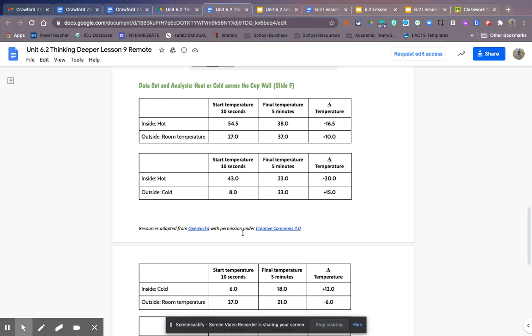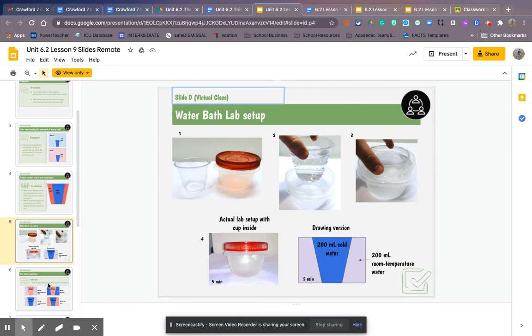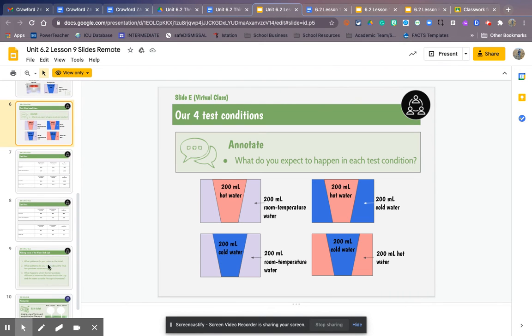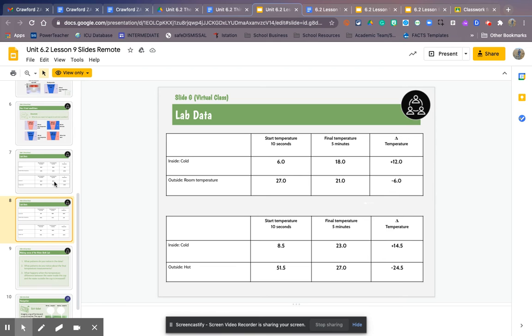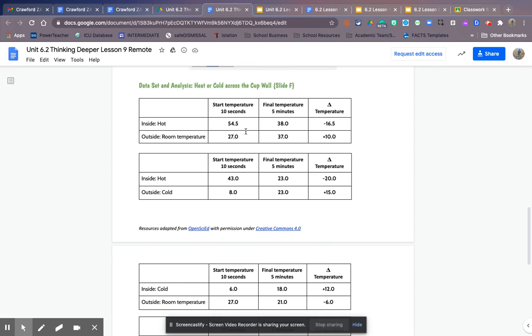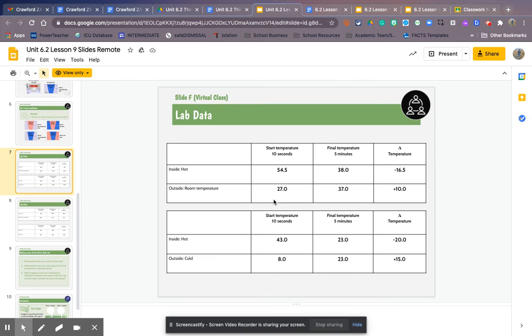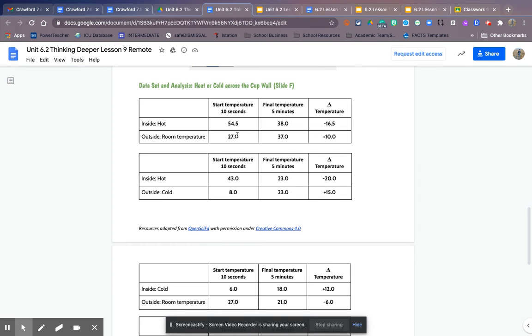Okay. Data set and analysis. Heat or cold across the cup wall. That is slide F and G. So we have our data. It's all filled in over here, and you've got all the same numbers.